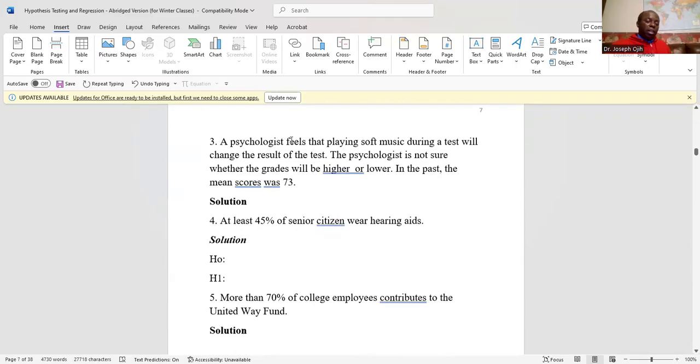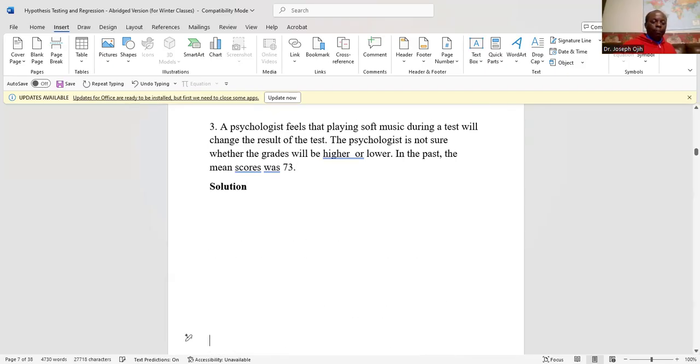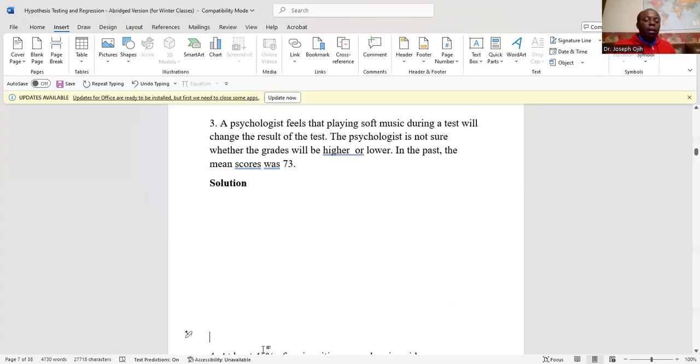Let's look at this one, which is two-sided. It says here, a psychologist feels that playing soft music during a test will change the result of the test.